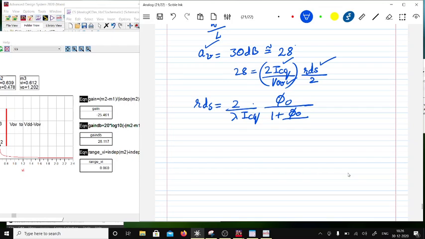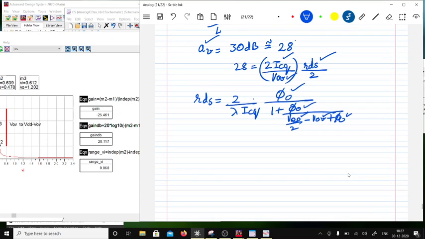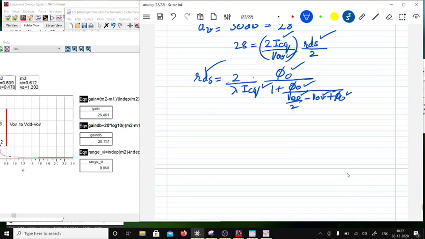Okay, so we are looking at the center, which will be VDD by 2 minus V overdrive, which will be known, plus phi 0. So from the process you will have this, VDD is given to you, V overdrive you have found out, rds is given to you, ICQ is given to you, so you got lambda.